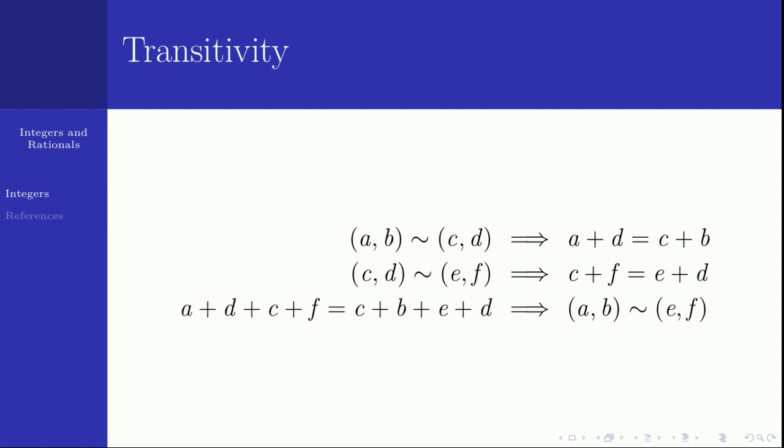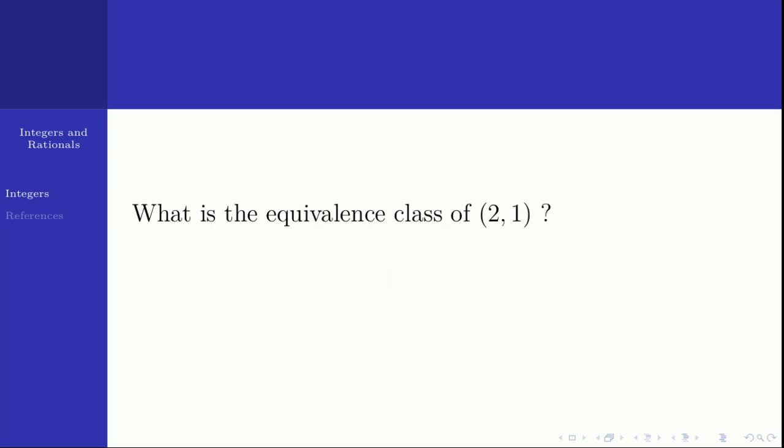We have proved transitivity. An equivalence relation will partition the set N cross N, so you will get equivalence classes. What is the equivalence class of (2, 1)? We can denote it as square bracket (2, 1), and the elements will be (2, 1), (3, 2), (4, 3), etc. Look at these elements.